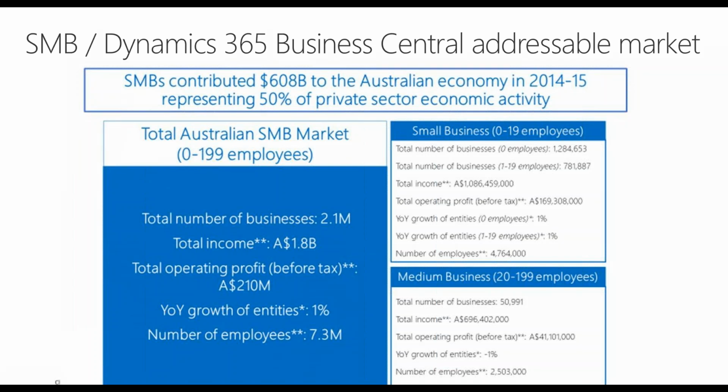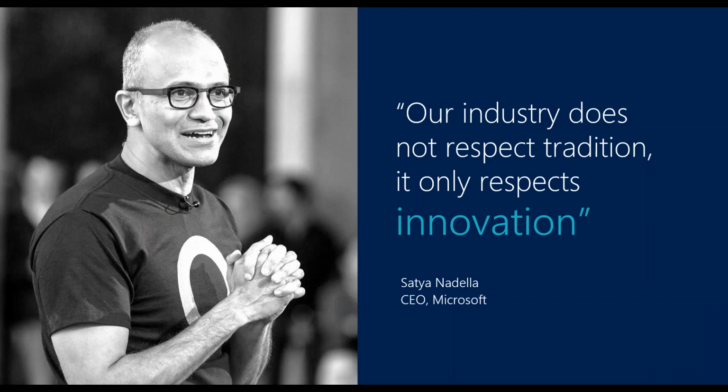So our CEO said, and one thing that we've looked at at Microsoft these days, our industry does not respect tradition, it only respects innovation. So now at Microsoft, we're really about innovation. From Business Central, we've seen the product go through innovation, evolution over the last 5-6 years. And what we're seeing today is the delivery of the product on the cloud as a service.